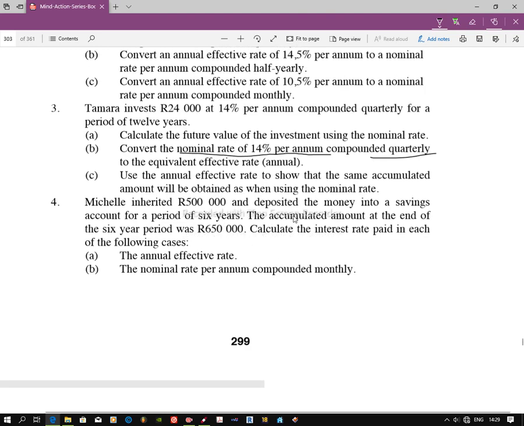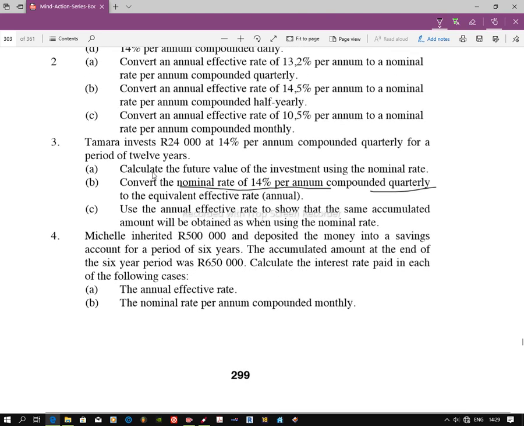So let's go back to number A. We were using a nominal rate there to calculate the future value. In number C, we are just going to be using the annual effective rate. You understand? Annual effective rate. So let's use the answer that we got here, so that we can see whether we are going to accumulate the same amount obtained at A.